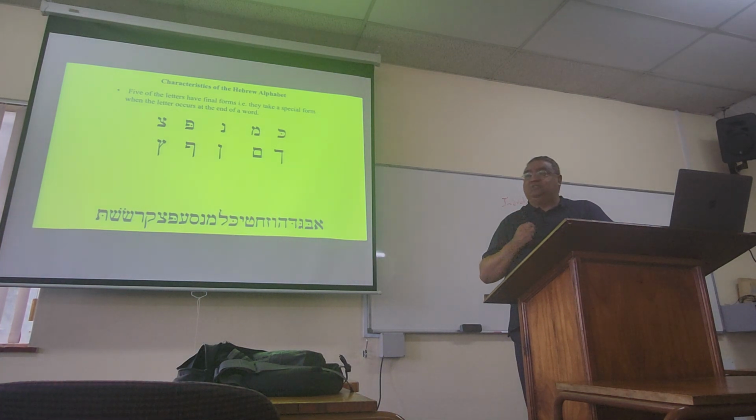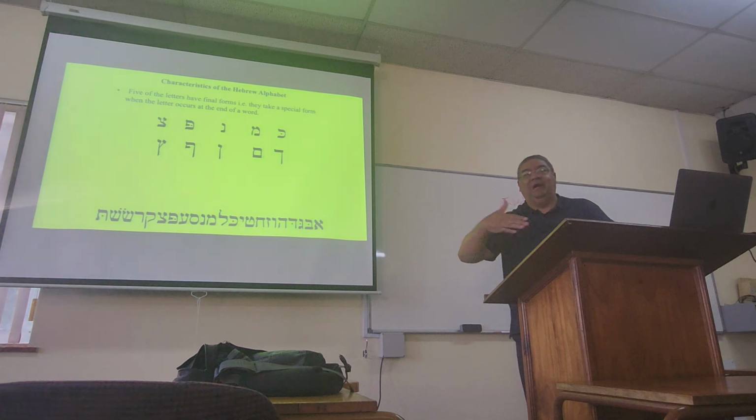When this consonant stands at the end of a word, in other words, it has no vowel associated with it and nothing follows it, it is the last letter within the word, then these 5 letters will change the way in which they are written.